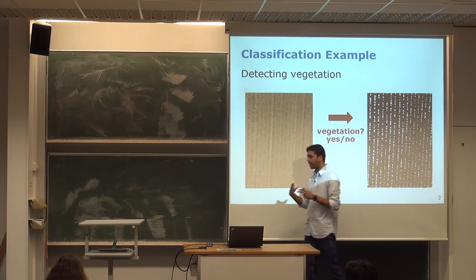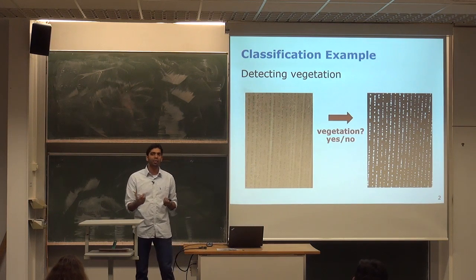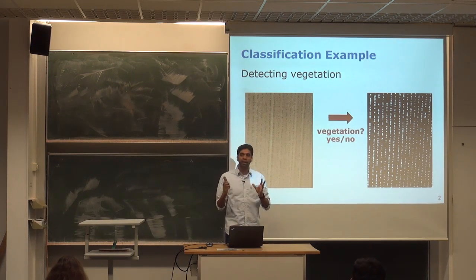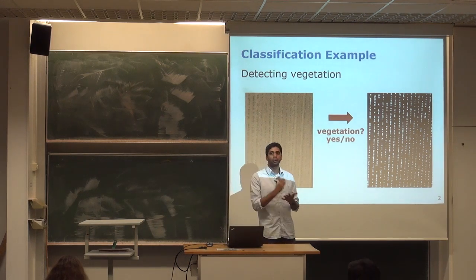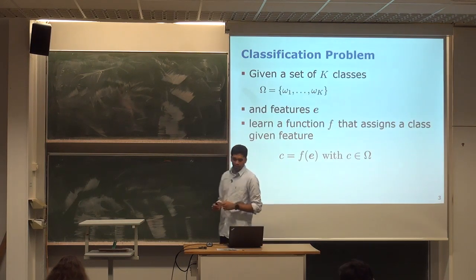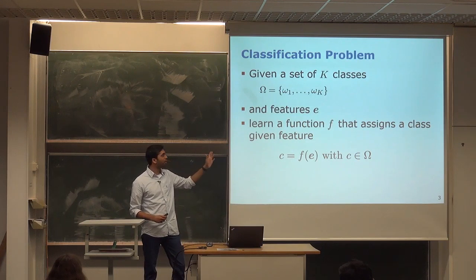Whatever you derive from the raw data is called a feature, and the hope is that once you compute these features, it's better than just using the raw data to discriminate between, say, class 1 and class 2.